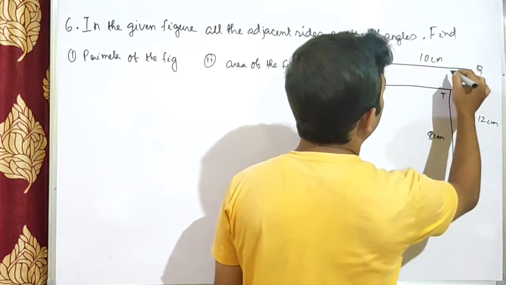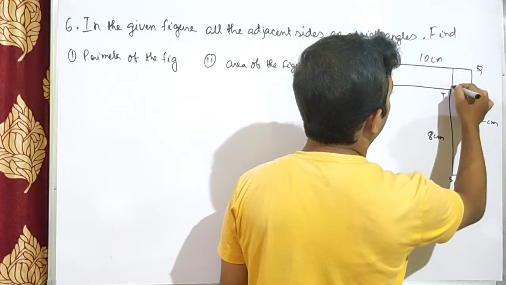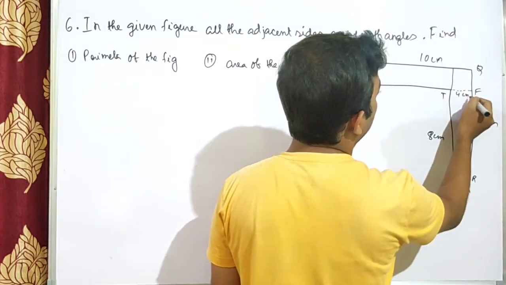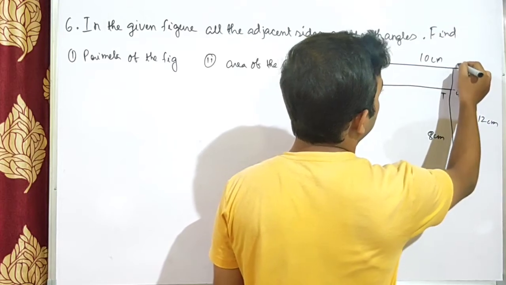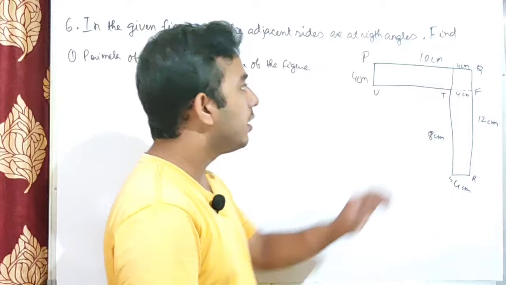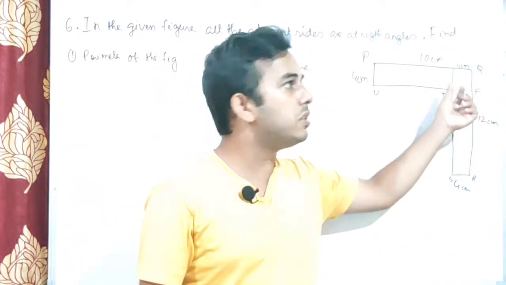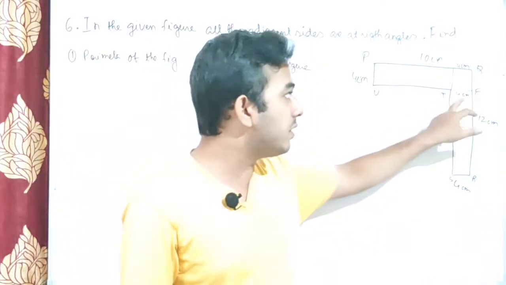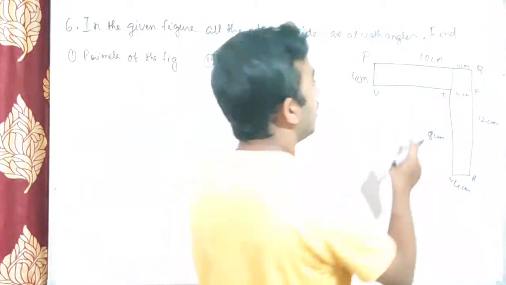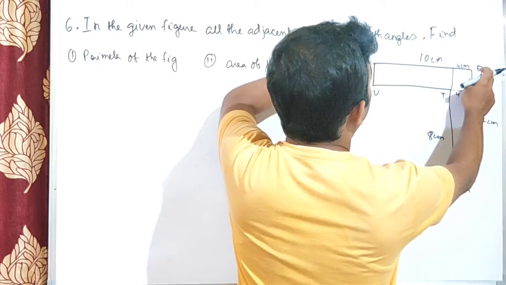The length of TF is 4 centimeter, so this part is also 4 centimeter, because consider this another rectangle.